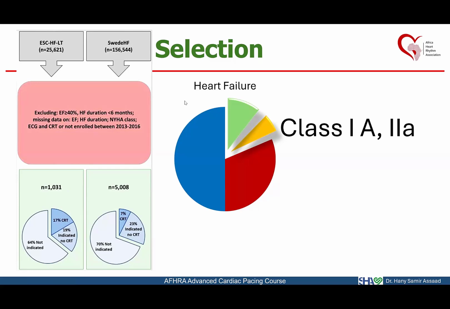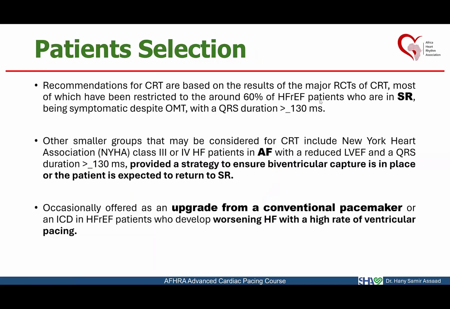So the recommendations for CRT are based on the results of major RCTs and mainly concern HFrEF patients, about 60% of whom present in sinus rhythm with a wide QRS, and mainly those, as we said, who show left bundle branch block morphology.